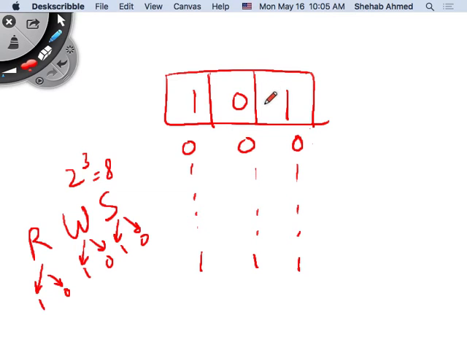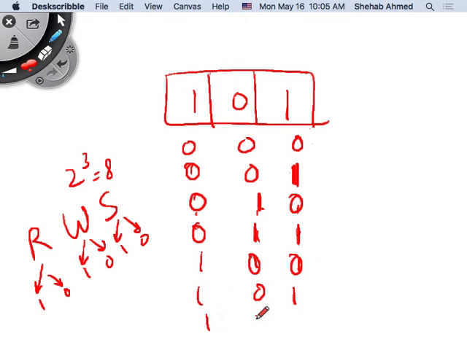So this is how the data was represented. But how many variations can I represent in 3 bits? 8. I can start with 0, 0, 0, then 0, 0, 1, 0, 1, 0, 0, 1, 1, 1, 0, 0, 1, 0, 1, 1, 1, 0, 1, 1, 1.